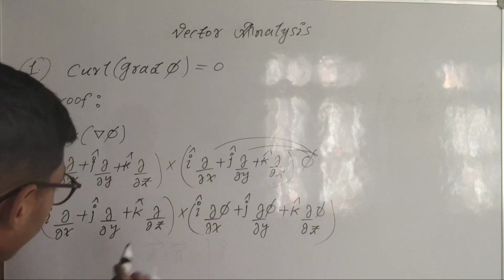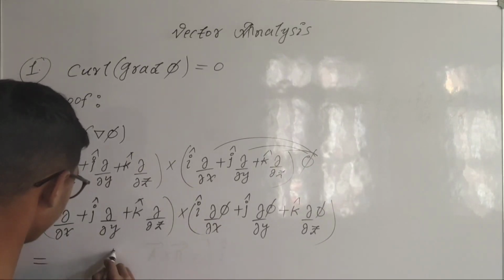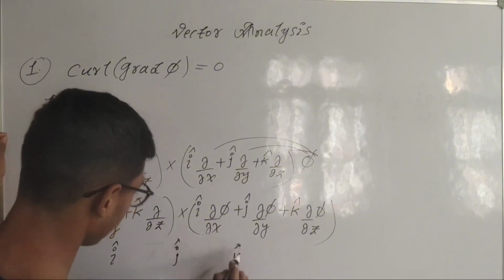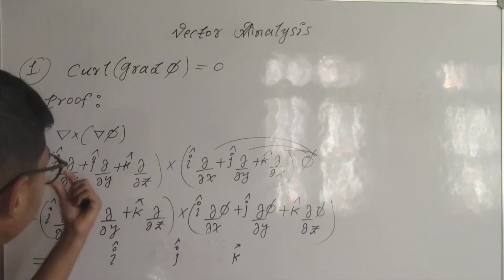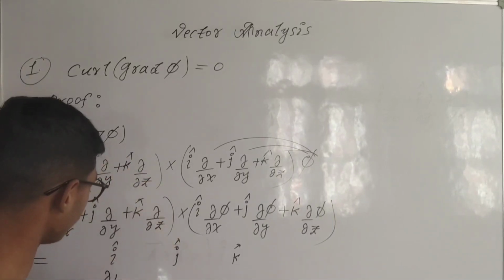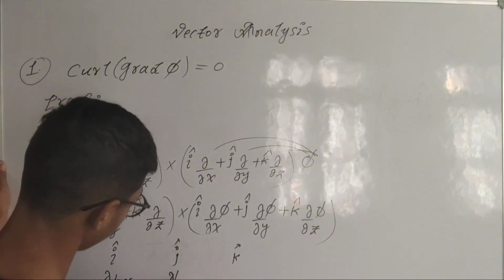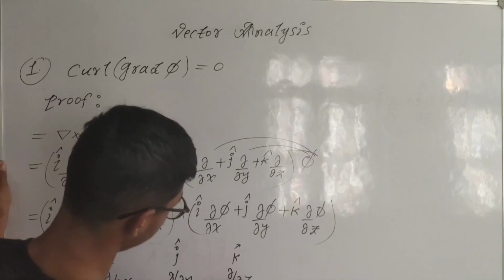So for finding the cross product, we have to write here i, j and k, and then write the first vector, the coefficient of i cap, the coefficient of j cap, and the coefficient of k cap. So we will be writing del by del x, del by del y, and del by del z.